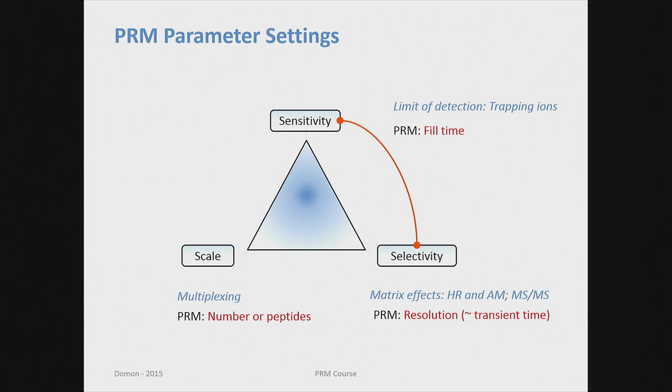And what we try to show here is that if we synchronize, if I increase the resolution, it also gives me more time to collect ions. So sensitivity and selectivity go hand in hand. So the whole question now becomes a simple question of balance between performance and scale. And we don't have to work in the triangles because now it's just a balance between basically resolution, transient time, and the number of peptides I want to measure.